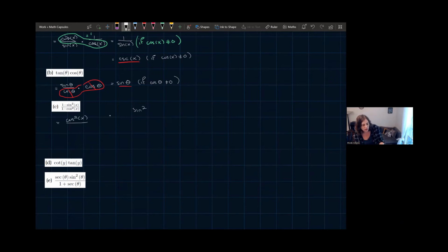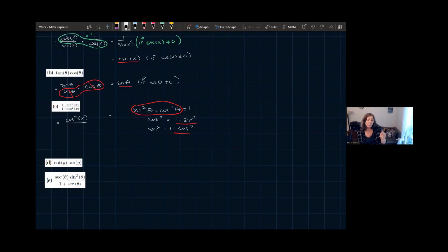This is just coming from sine squared plus cos squared equals 1, which you can also write as cos squared equals 1 minus sine squared, or as sine squared equals 1 minus cos squared. So you need to get good at recognizing sine squared plus cos squared, 1 minus sine squared, and 1 minus cos squared. You need to pick those out of expressions because when you notice those, then you can clean them up into something nicer and move forward in your problem.